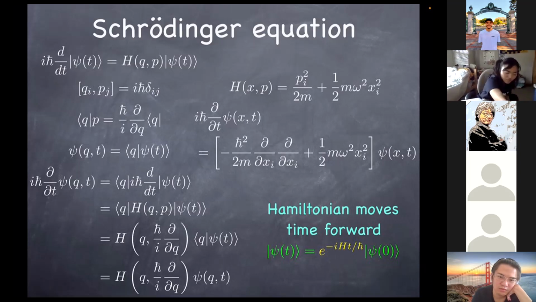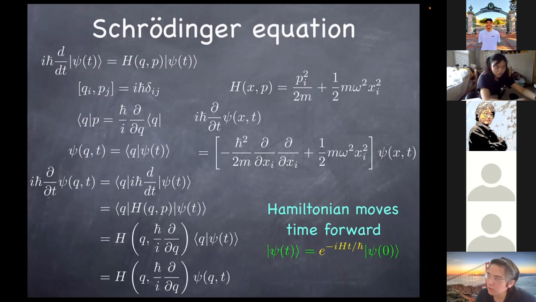So the formal solution to this time evolution equation is that e to the minus iHt over h bar is the unitary operator that tells you how the system evolves as a function of time, and hence the Hamiltonian is the time evolution operator.